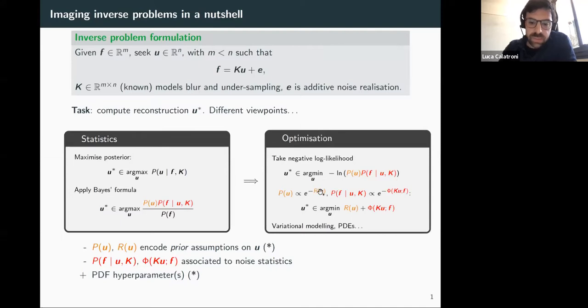The first one typically referred to as regularization term, and the second one fidelity term. So those have and play the same role as prior and likelihood functions, but from a variational point of view.